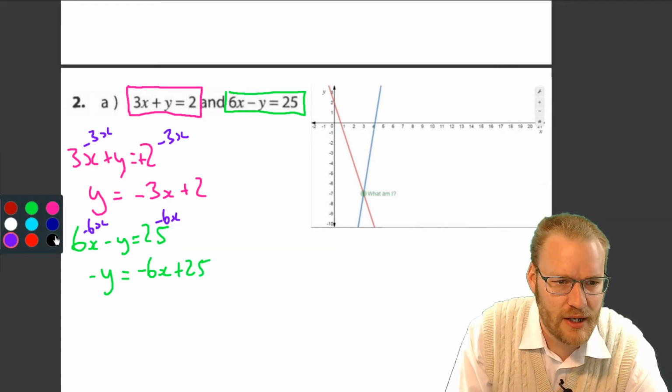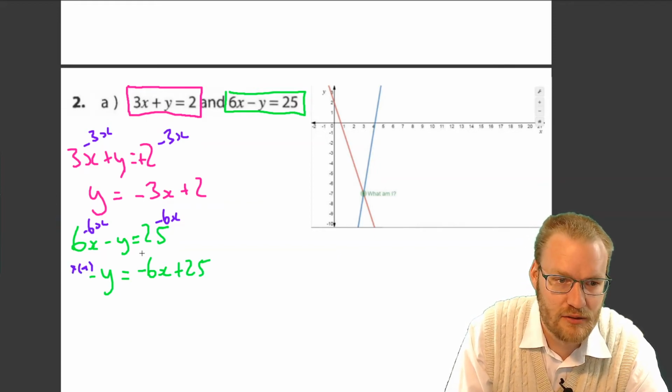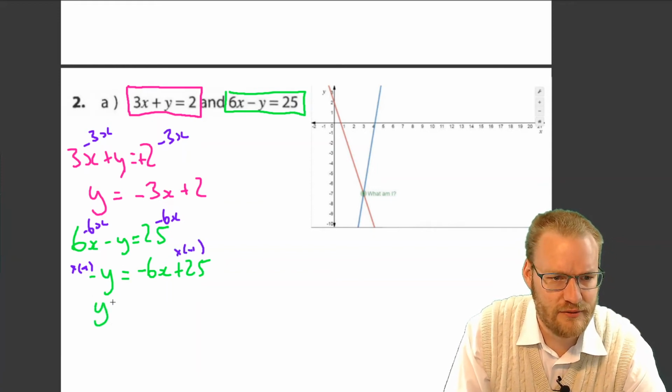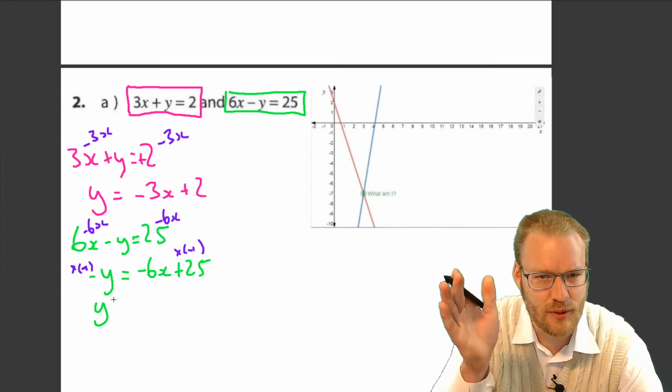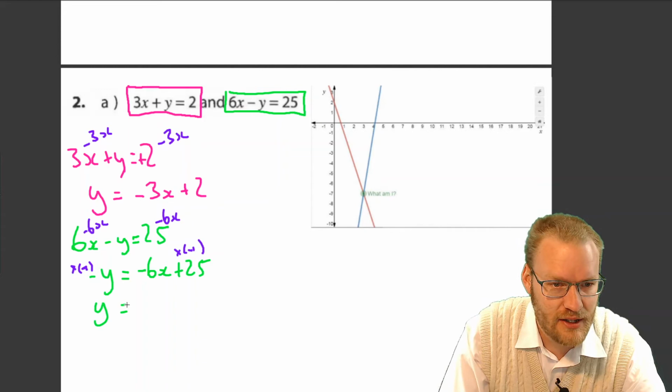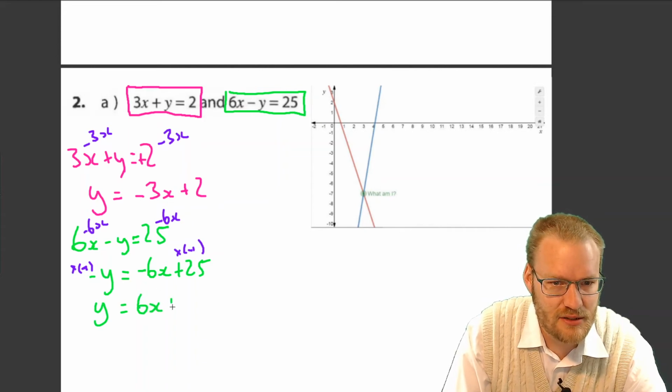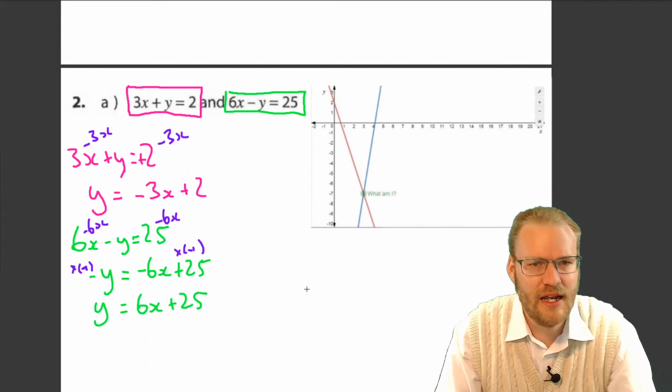Multiply the whole thing by minus 1, so that we have positive y, because we don't want negative y. Our standard form, y equals mx plus c, is y equals 6x plus 25. Now it's in standard form.